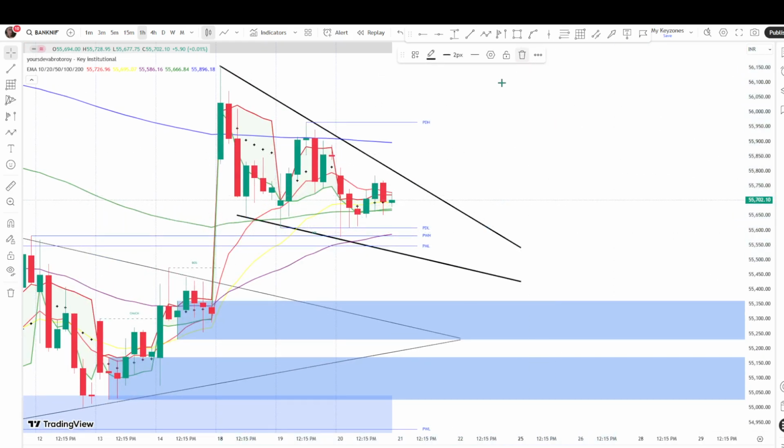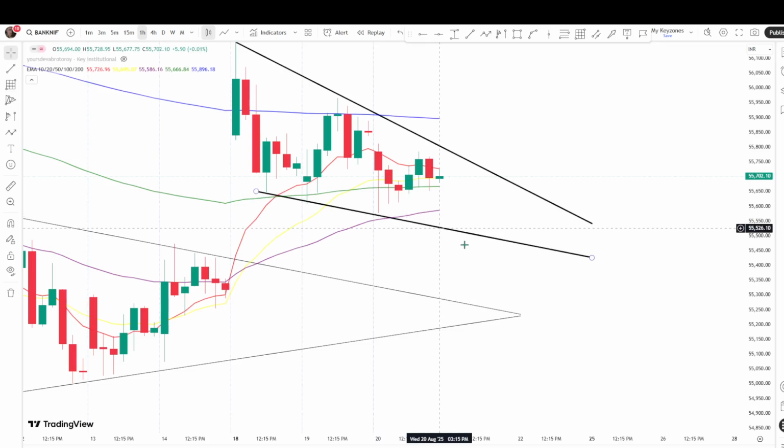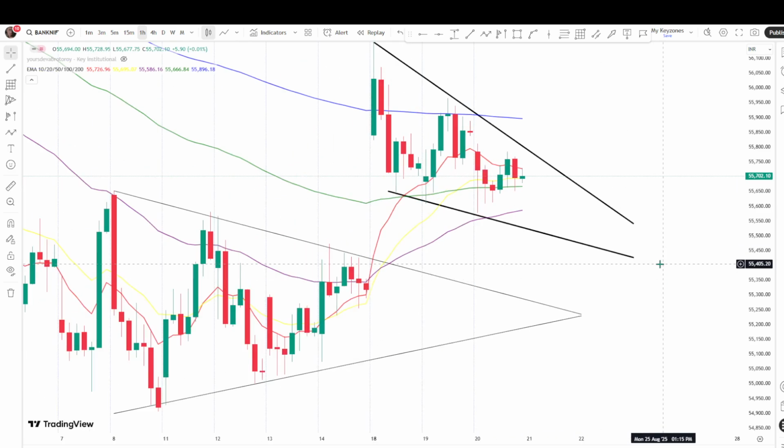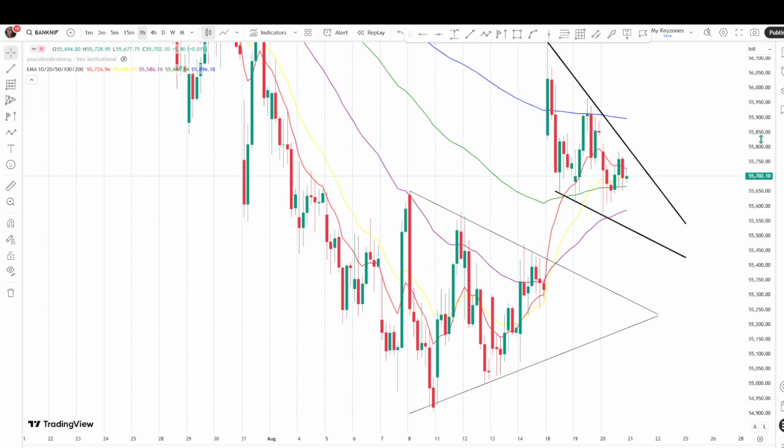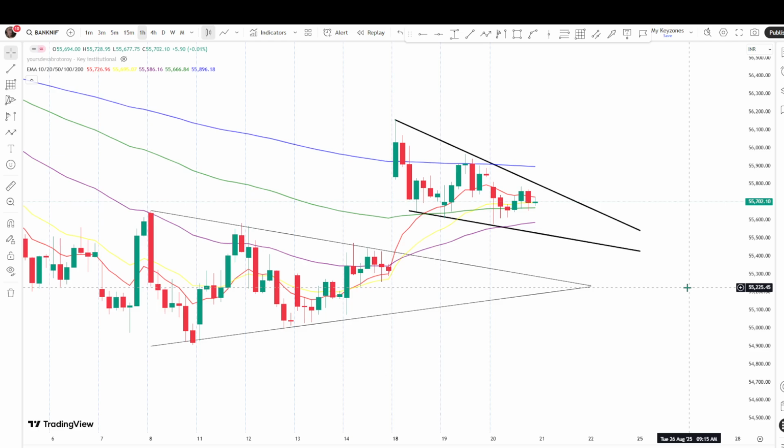Now let me move into Bank Nifty. Let me remove all this. You can see multiple EMAs there, 50, 100, 200 EMAs, clearly upwards, 20 here.